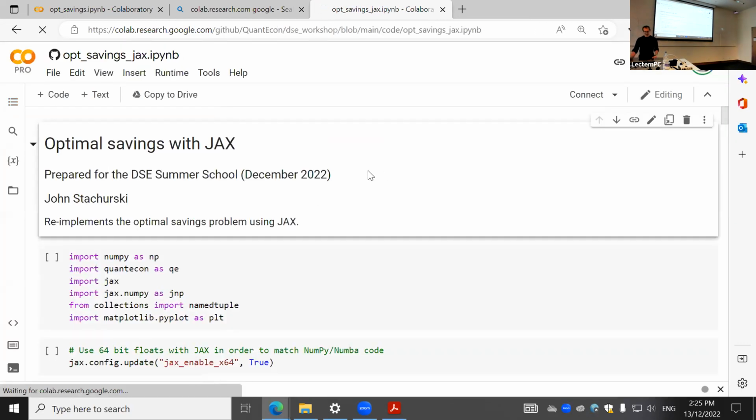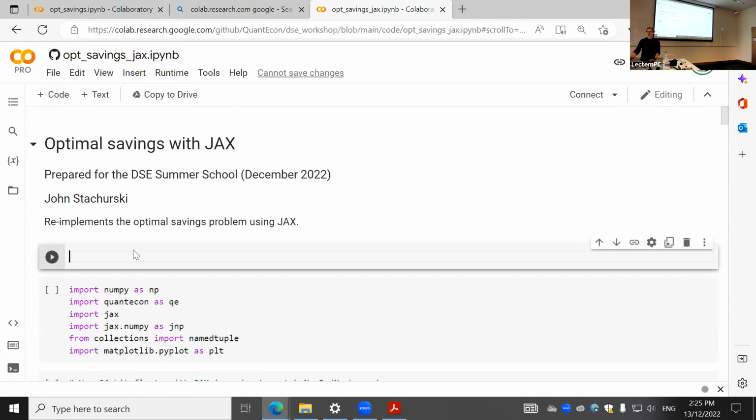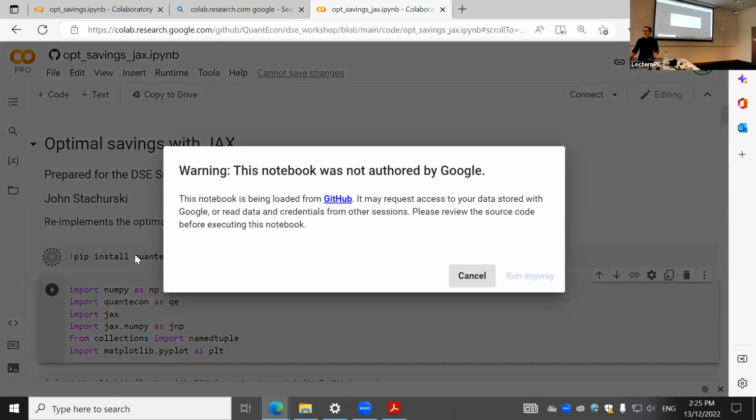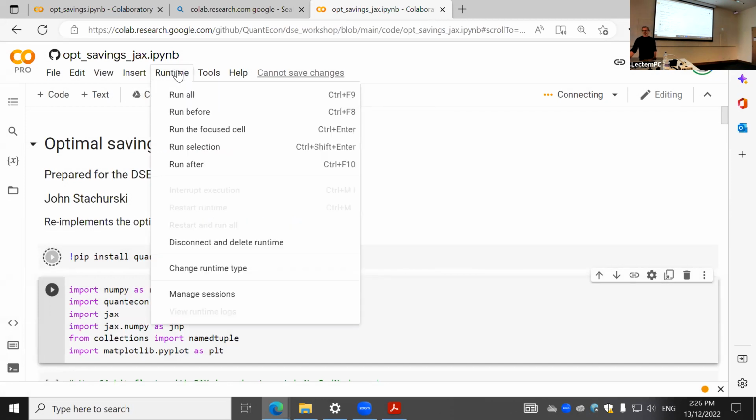So let's try now connecting again. Okay, so this is now connecting and it's giving me an instance, and by default, it's going to give me an instance that doesn't have a GPU.